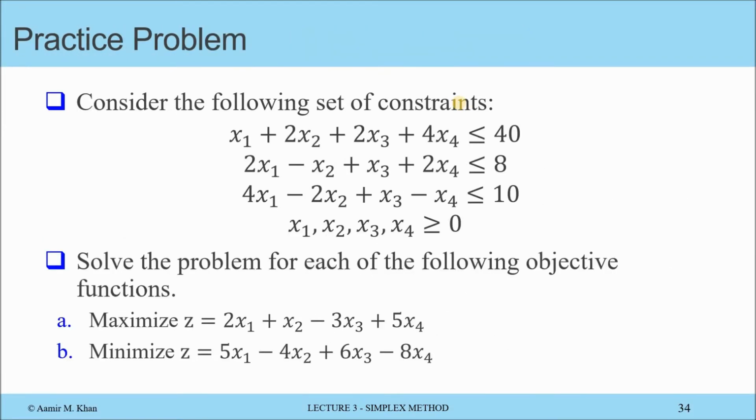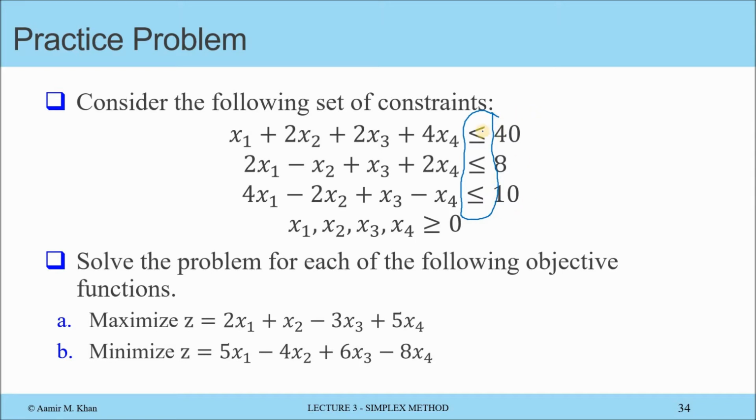Just over here, if I show you, you have these constraints, and then you have the objective function below. If you look at the constraints, all of them have a less than or equal to sign, except the non-negativity constraints, which are not real constraints, we don't consider them like this. So your original constraints are all less than or equal to constraints, and their right hand side is positive, not negative.